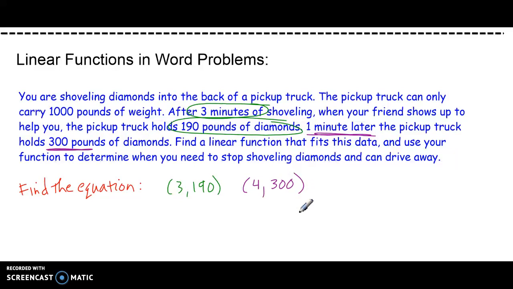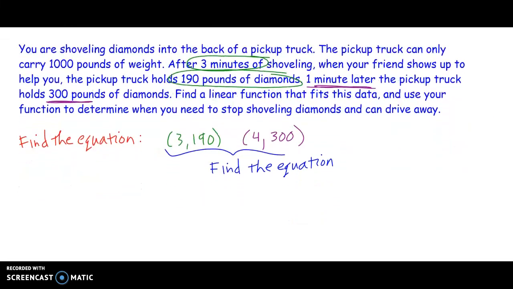And you should know pretty well what you should do with 2 points. If you have 2 points, you find the equation of the line. Do you remember how to do that? Might want to pause the video, see if you can get the equation of the line out of that, and then press play and see if you get the same equation I get.